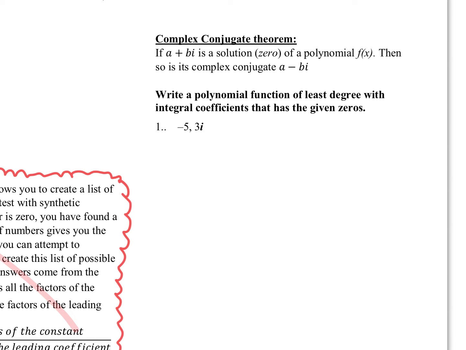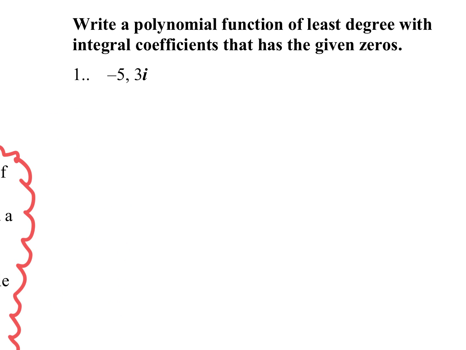Yeah? If I tell you 7 minus 1i is a solution, then 7 plus 1i must also be a solution. The conjugate must also be a solution.